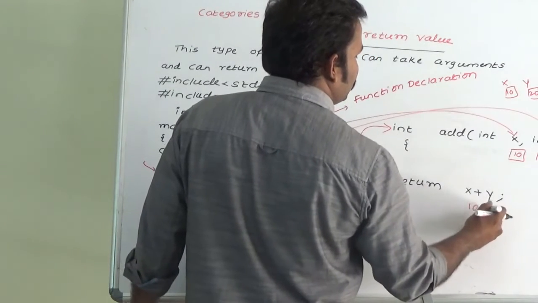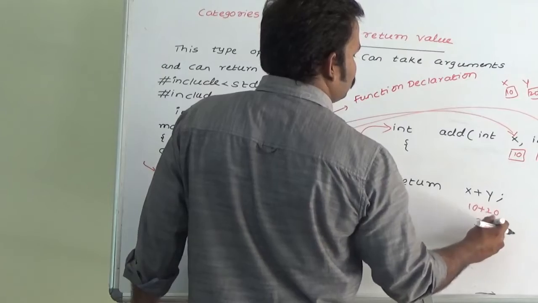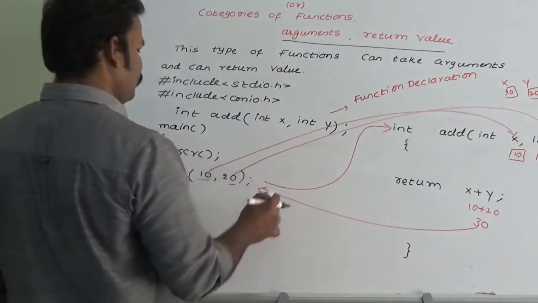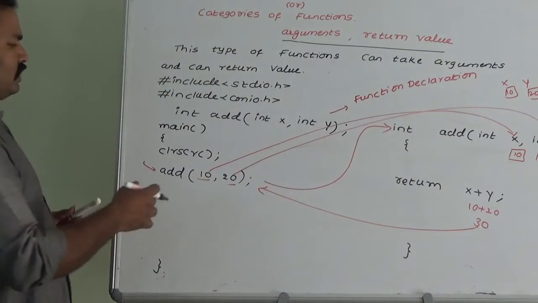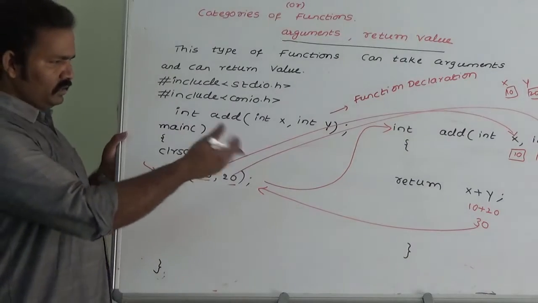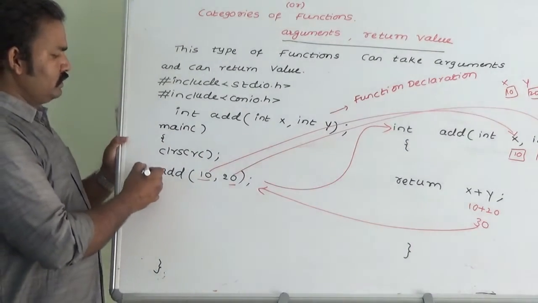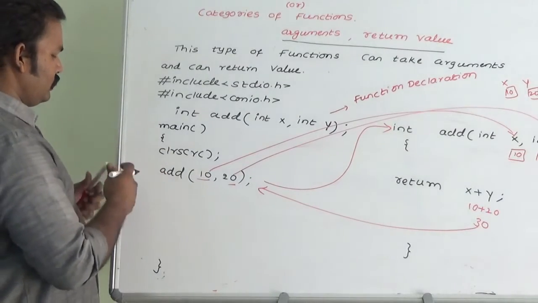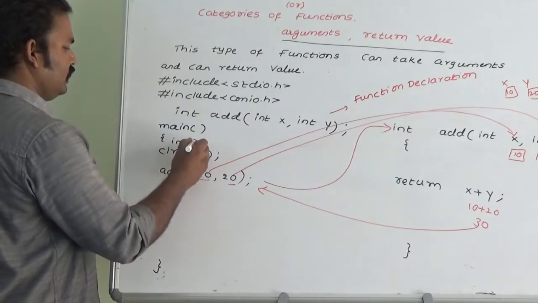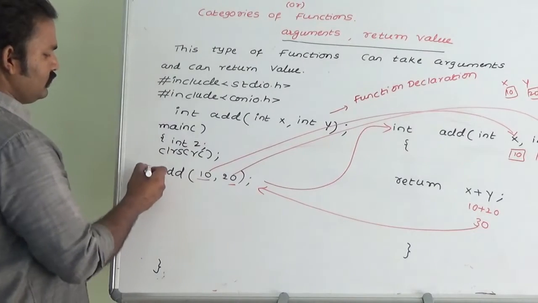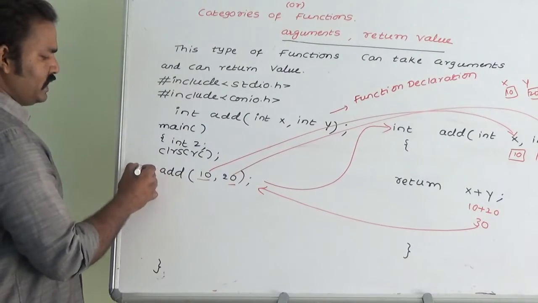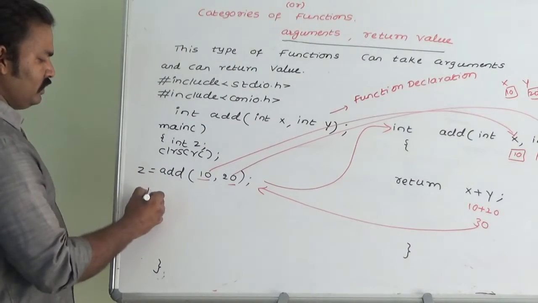So 10 plus 20 is 30, and 30 is returned to the main program. Now I want to hold 30 in one variable, so for that I am declaring one variable, int z. So here 30 is assigned to the z variable.